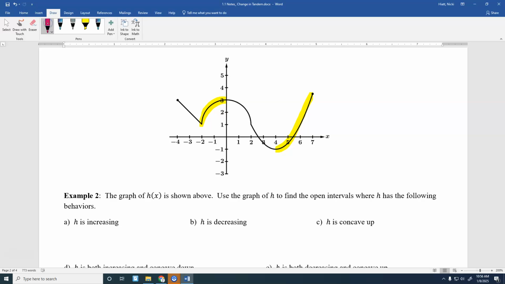Whenever you're reporting the domain where this happens, you're reporting x values. It's easy to get mixed up and put the y value. For example, lots of kids would write -2 to 3 for the first section. But it's the x value. So it starts right here. It's -2 to 0.